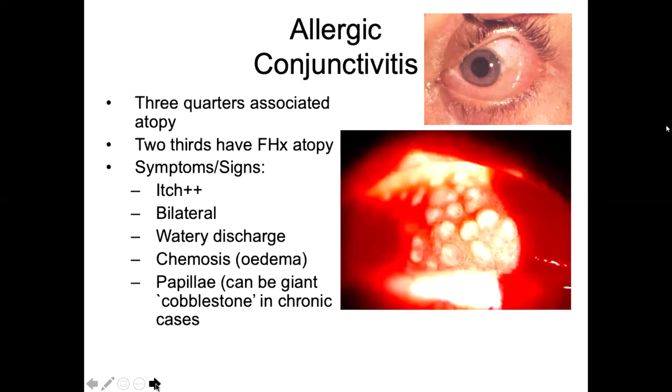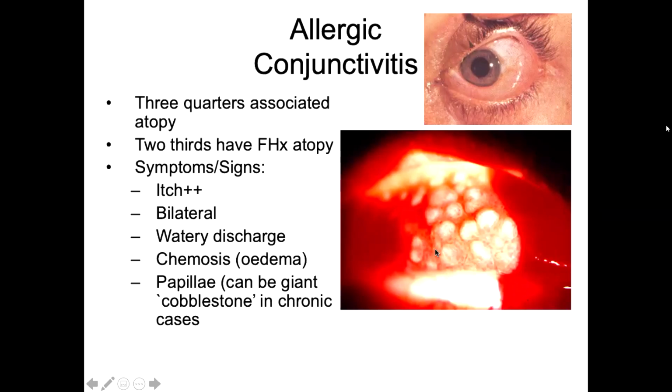Then allergic conjunctivitis, usually they have a history of other illnesses like bronchial asthma. Then the symptoms, itching is the main and most troublesome symptom. Can be there in both eyes. Watery discharge can come. Sometimes there is edema, so there is chemosis, and they can form giant cobblestones like this.